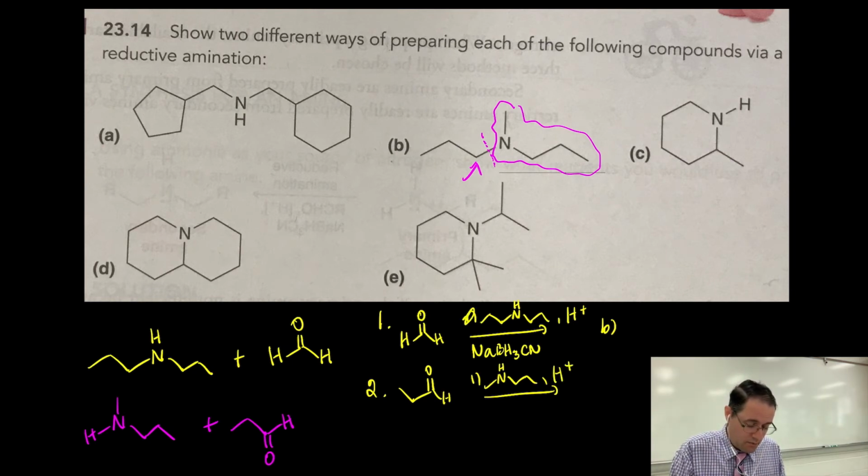It doesn't need to be step 1 and step 2, right? We said that these could be co-mixed together. So NaBH3CN, that's going to form molecule B. I hope you're getting the idea of this.